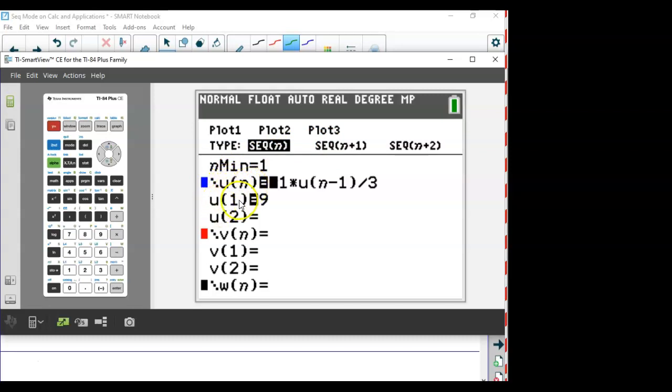Mine says u sub 1, but yours might say u sub n min. Whatever you tell it to be the minimum term number, you want to start with term 1, then this is where you put the value of term 1.